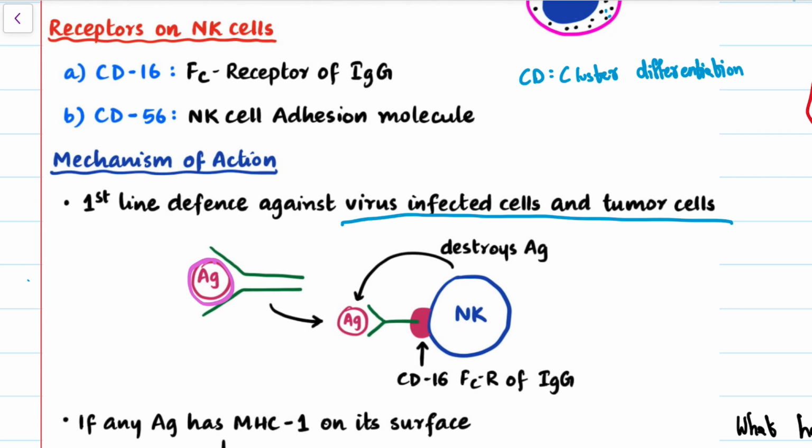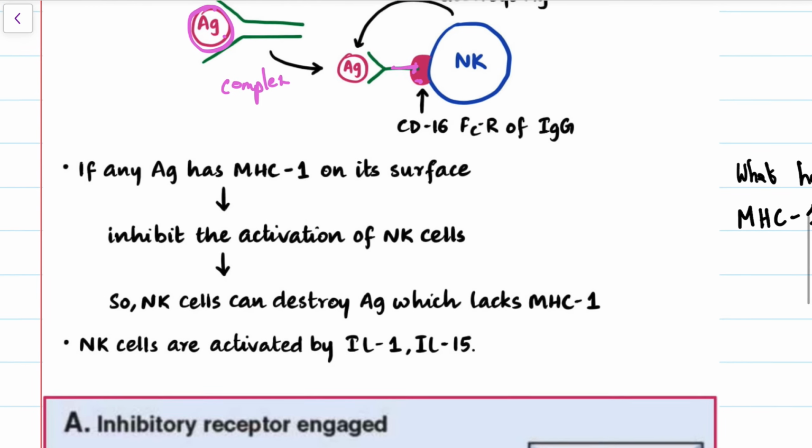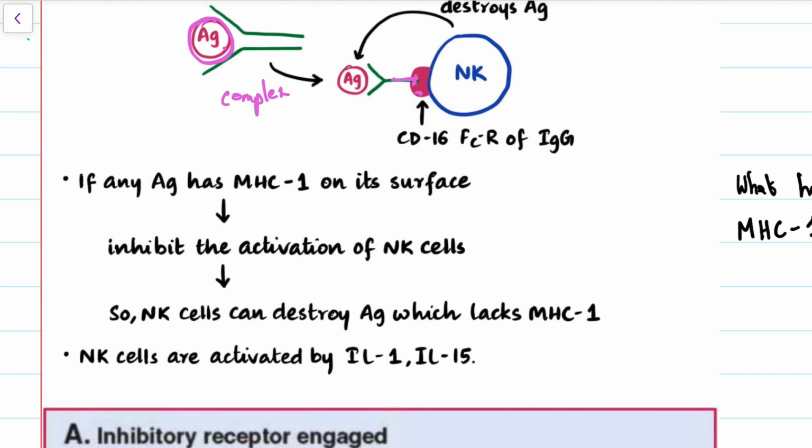So this antigen antibody complex occurs, and this thereby goes and binds with the Fc receptor of the NK cells. This is the Fc receptor, and see, it goes and binds with the antigen antibody complex. Then the NK cell destroys the antigen.